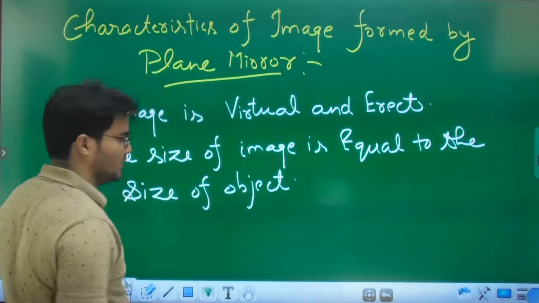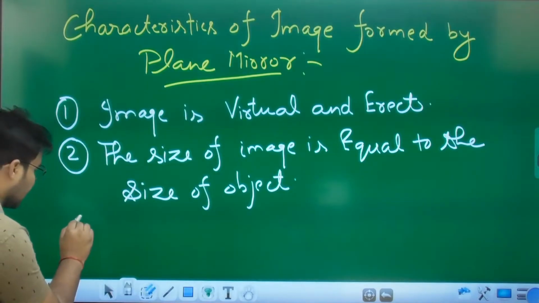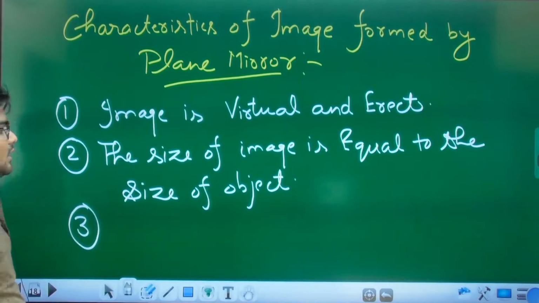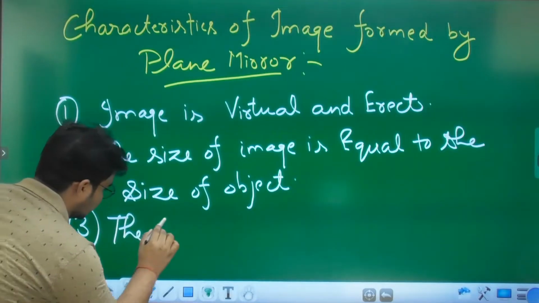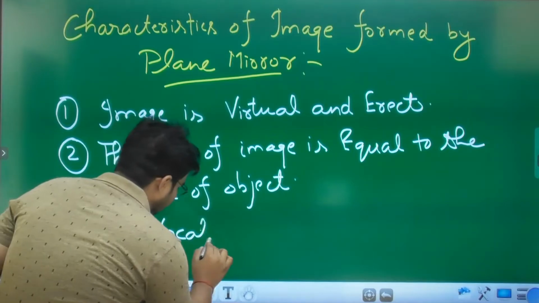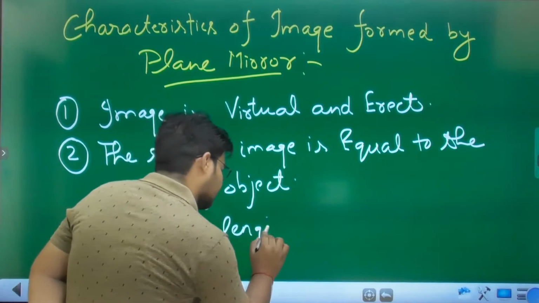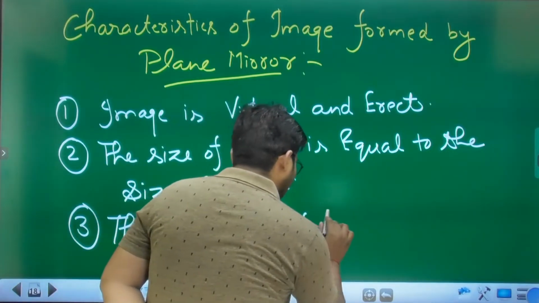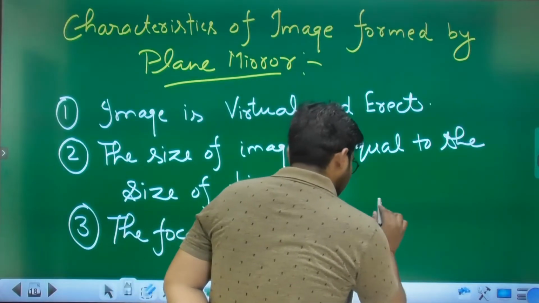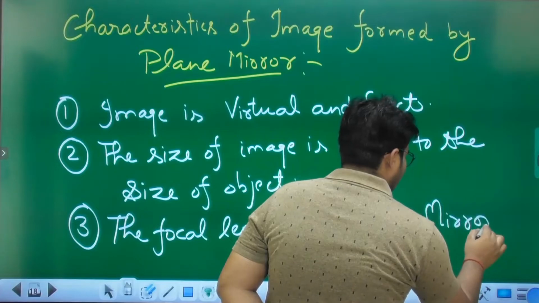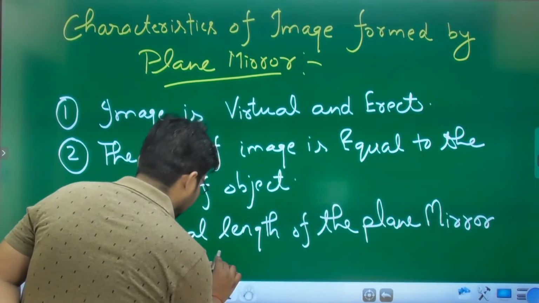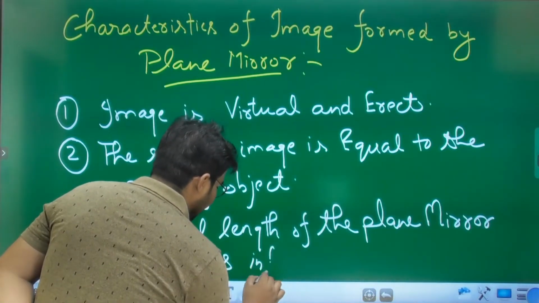Okay, understood. Now the third characteristic of the plane mirror is that the focal length of the plane mirror is infinite.